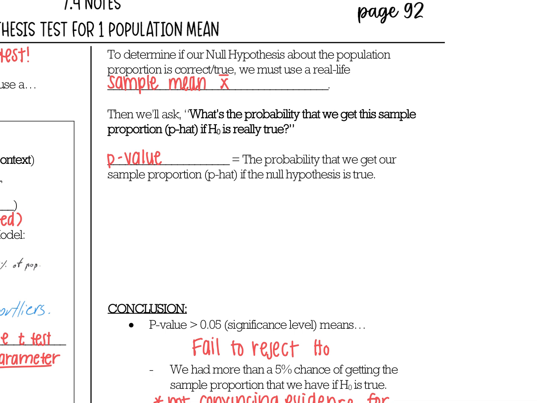So we use the sample mean x bar, and we're going to calculate the p-value, the probability that we get that sample while assuming that the null hypothesis is true. So this is our assumption right here. We are looking to see, does this give me evidence against this assumption or not?